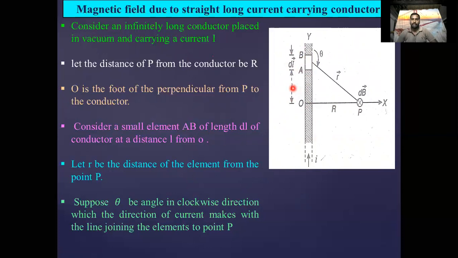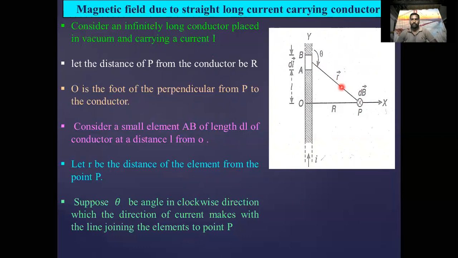Let r be the distance of the element from the point P. This is the element AB, and the distance between AB and P is r.